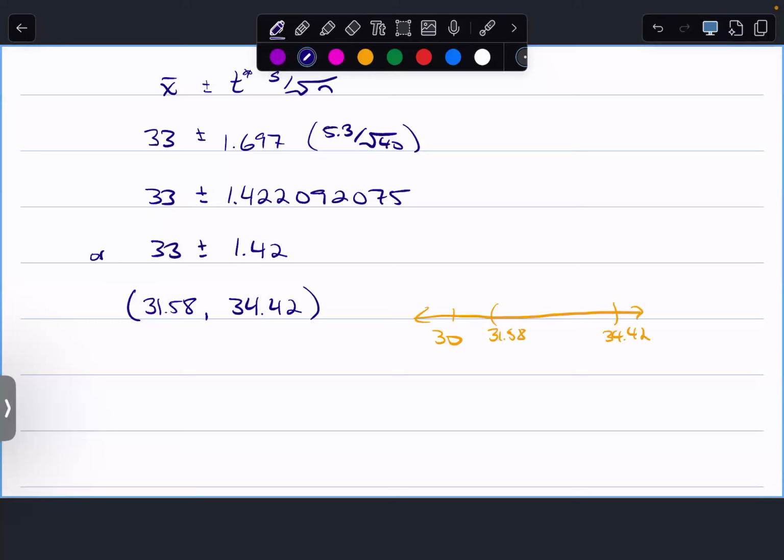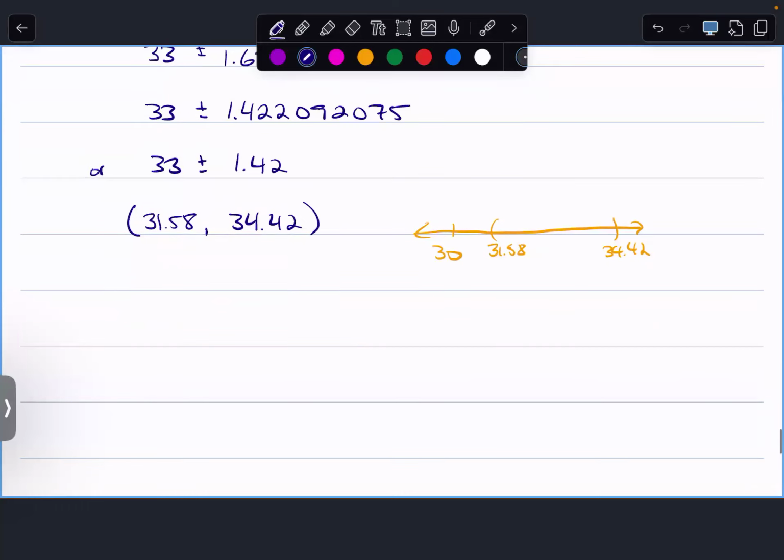We weren't asked to, so I'm not going to, but I am going to interpret the interval. So now, not only do we know that it's significantly more than 30, I also have a confidence interval for the plausible values of the mean amount they store in their pouches.